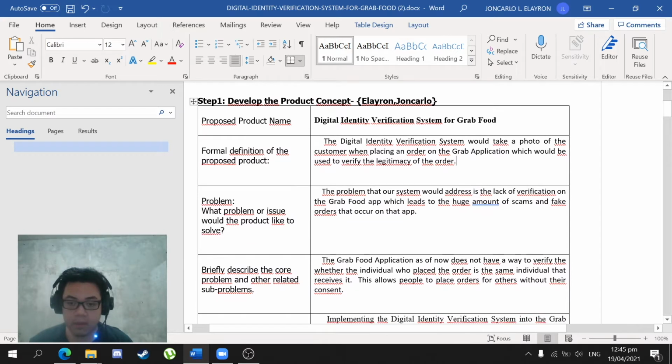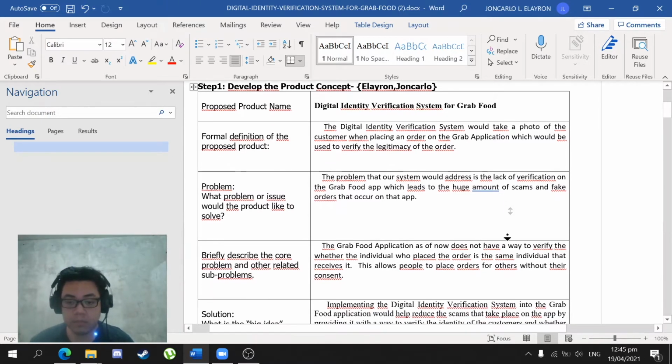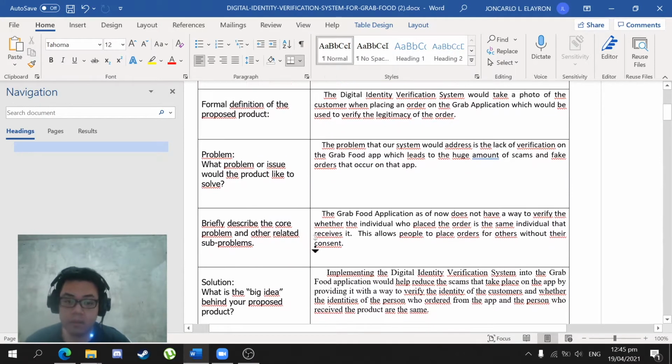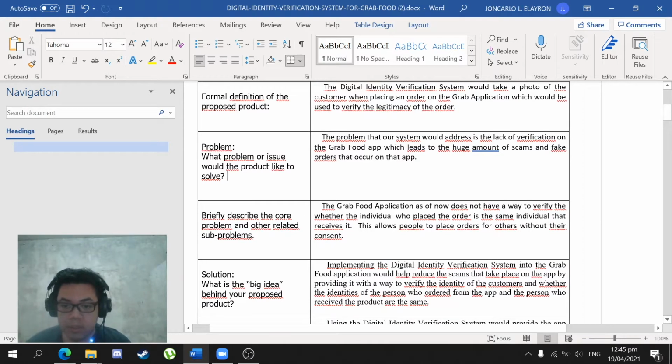The problem that our system would address is the lack of verification on the GrabFood app, which leads to the huge amount of scams and fake orders that occur on that app. So the core problem is the scams and the fake orders.